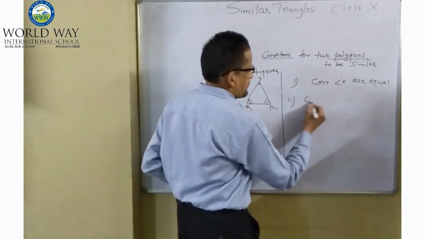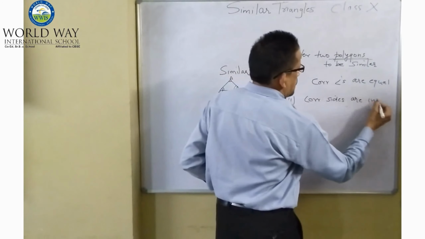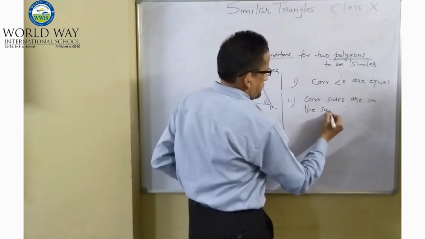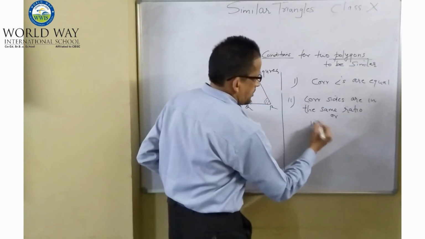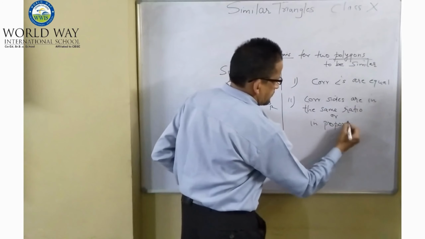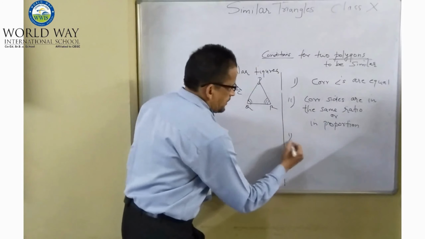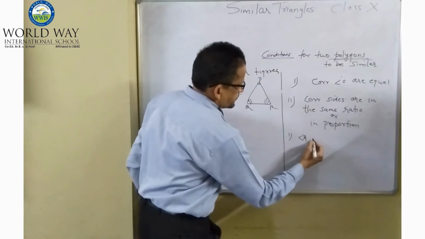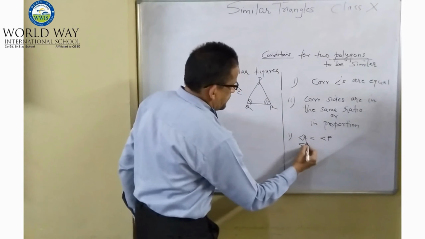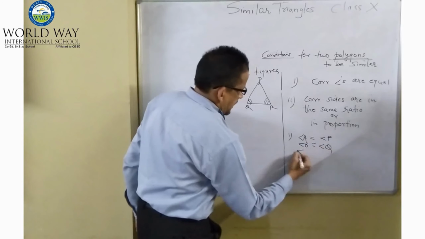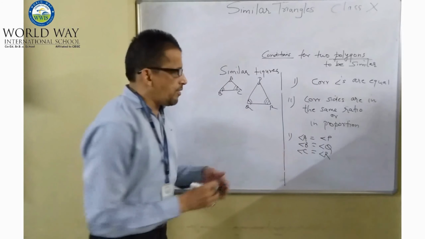Second, corresponding sides are in the same ratio, or sides are in proportion. Means the first condition: angle A equals angle P, angle B equals angle Q, angle C equals angle R. This is the first condition, corresponding angles are equal.